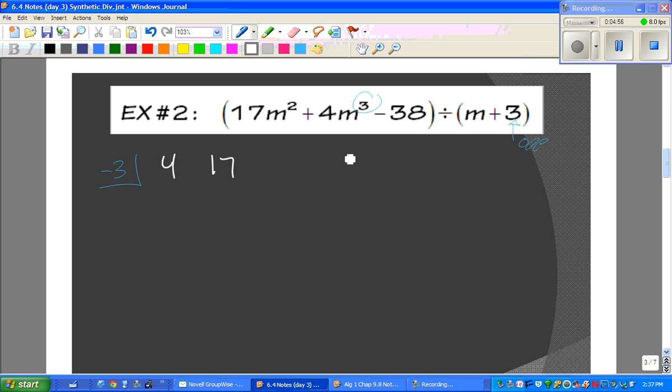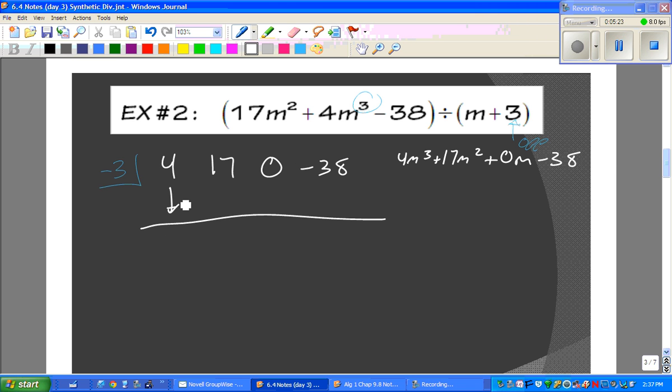Now let's rewrite this real quick. We've got 4m cubed plus 17m squared. We need to have all of these in order. So how many m's do we have? Well, we have 0, so I need to have the 0 there, and then minus 38. All of those numbers stay.